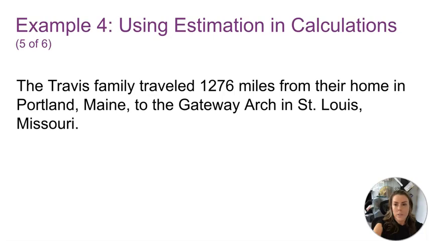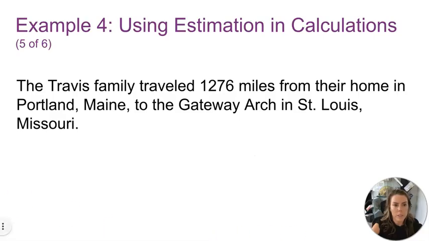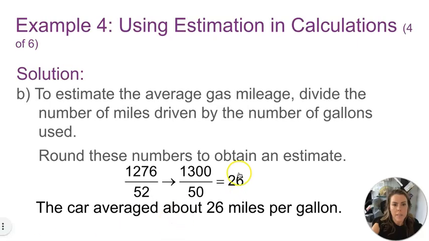All right, let's see. Using this same situation again, let's figure out what the approximate cost is of the gasoline if the gasoline averaged $3.95 per gallon. So we have from the last part of this question that it was approximately 50 gallons of gas.